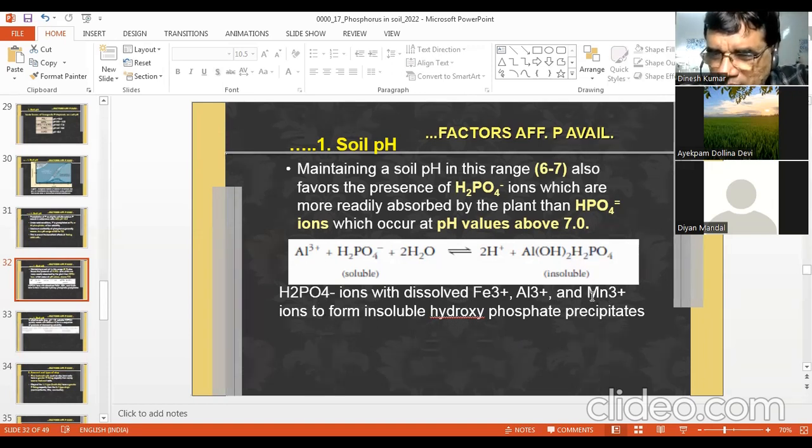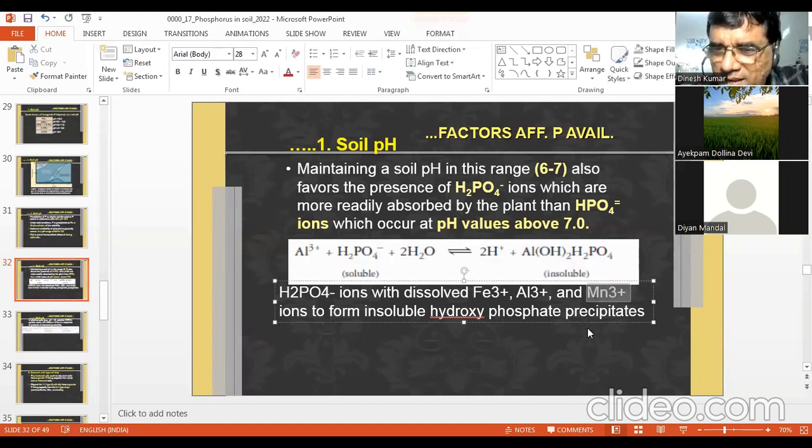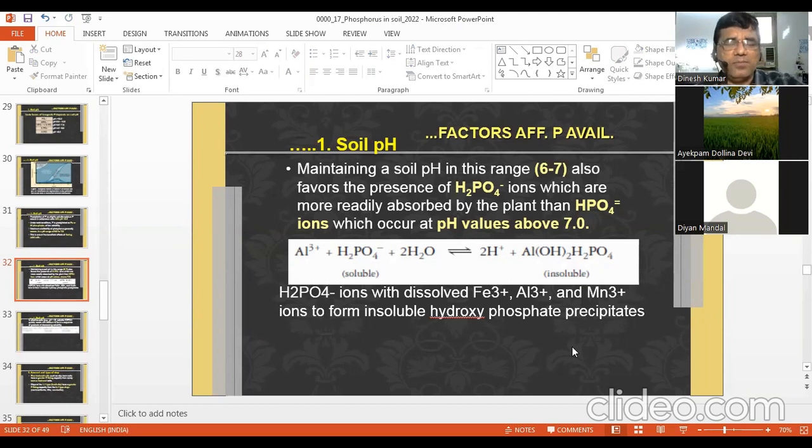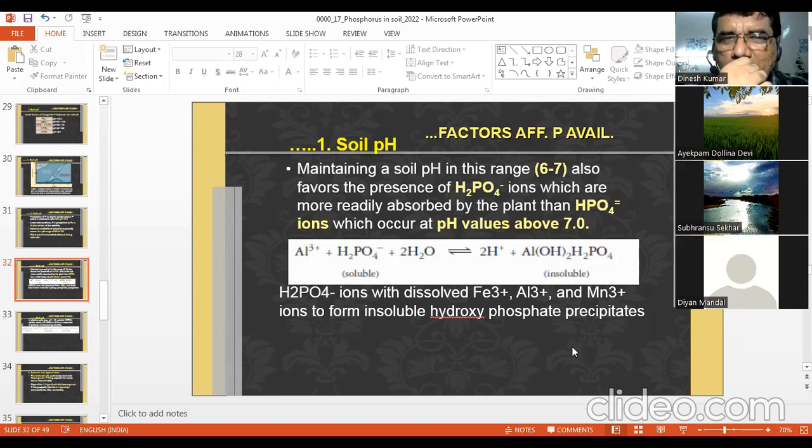So this is Mn3 and, is Mn3 correct or is it incorrect? What are the valencies taken by manganese? Anybody any idea? Correct, sir.